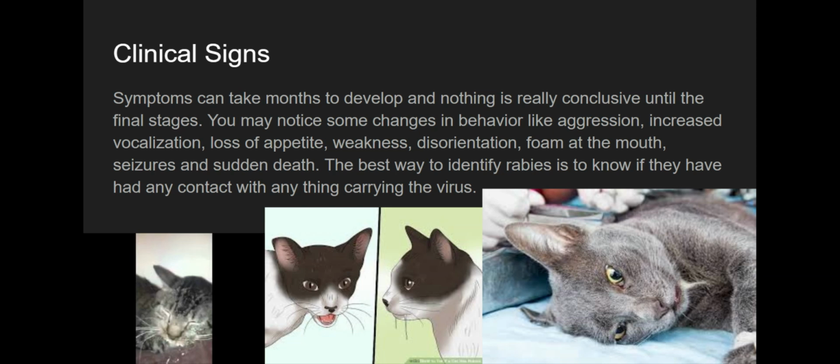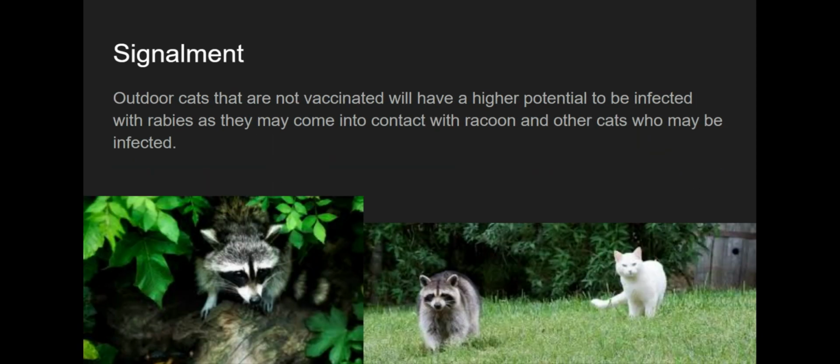The best way to identify rabies is to know if your cat has had any contact with anything that could potentially be carrying the virus, like a bat or raccoon or other cats. So, for the signalment, outdoor cats that are not vaccinated have the highest probability of running into an animal that may have rabies.